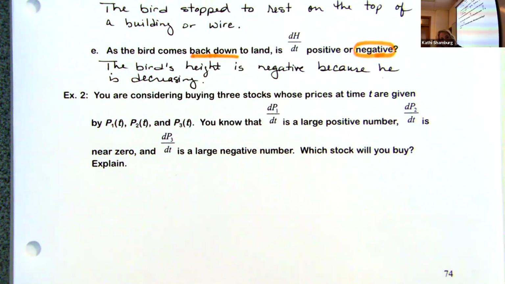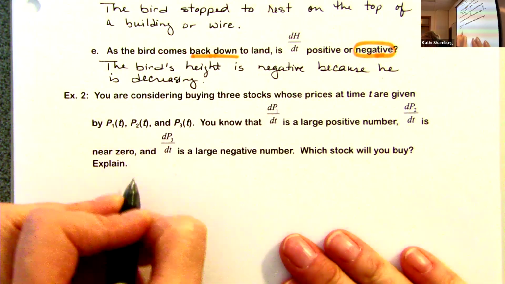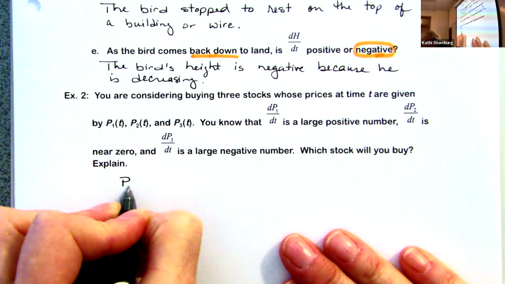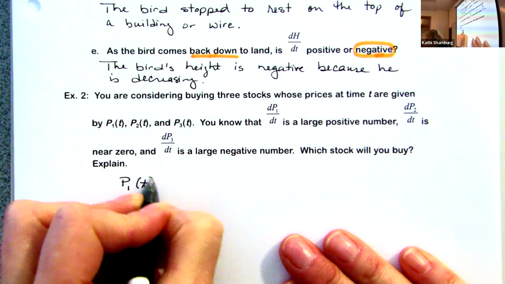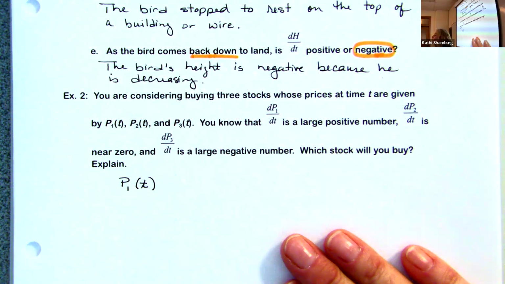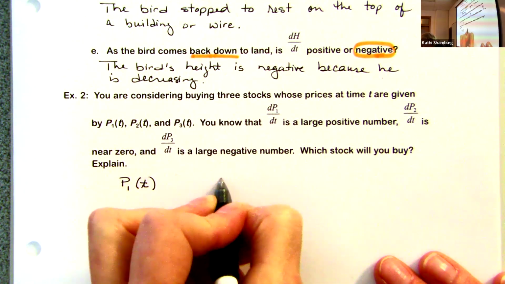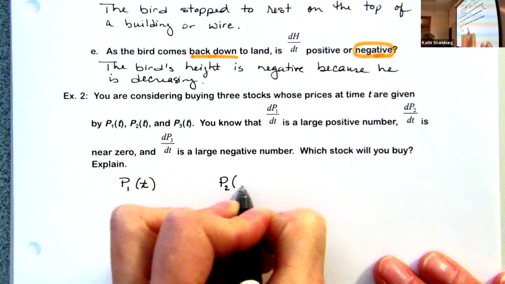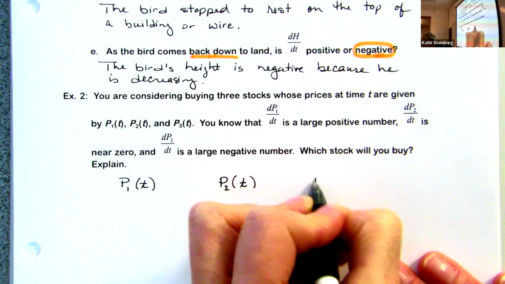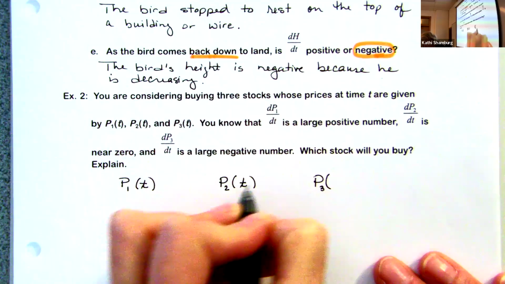Same thing here. Okay. You are considering buying 3 stocks. Okay, so they're gonna call those stocks P1. T represents time, so it's how much profit over time. Or if you're buying stocks, it wouldn't necessarily be profit, but anyway, they're calling it P. Okay, all right, and then a second stock would be P2 over time and P3 over time.